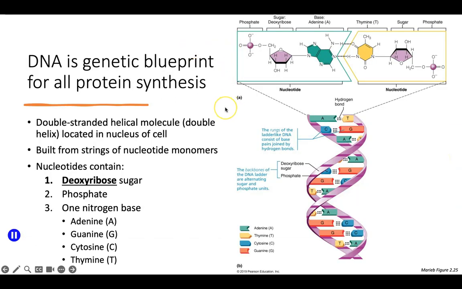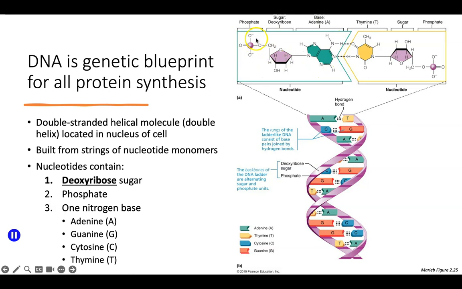I'll mention again that DNA is the genetic blueprint for all protein synthesis. Here in this illustration, you can see that double helix. So you can see there are actually two strands of DNA that are coiled around each other in that double helix. It is built from strings of nucleotide monomers. So here's a nucleotide right here.